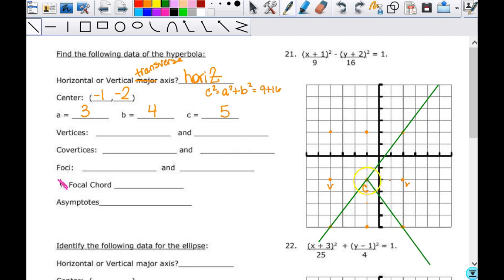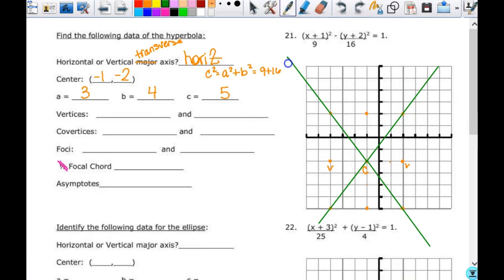The next one. Not sure that those look 100% great, but I think that's good enough. I have this rectangle that gets created here. You could draw in the rectangle if you wanted to. You don't have to, but get your dotted lines or whatever.